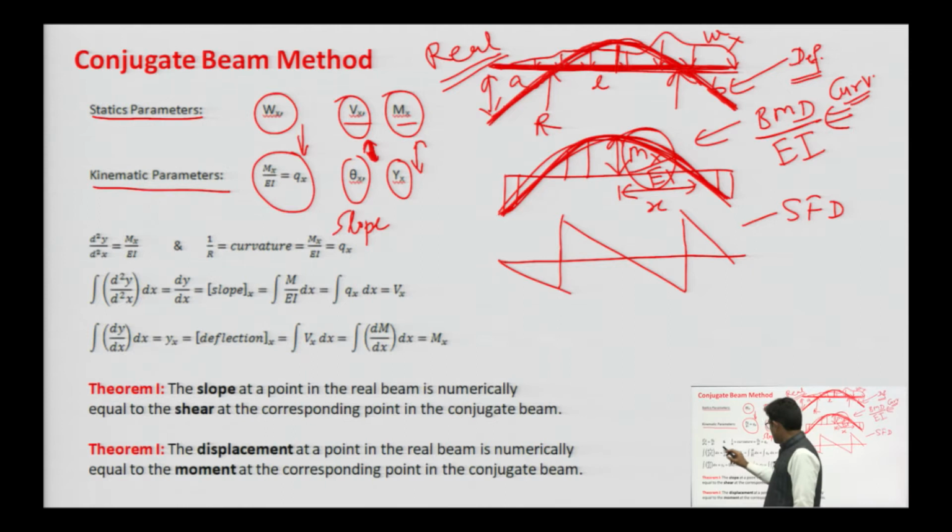We know that curvature is 1 by r, and it is M x by EI, it is q x. It is d2y by dx2 equals M x by EI, we know very well.